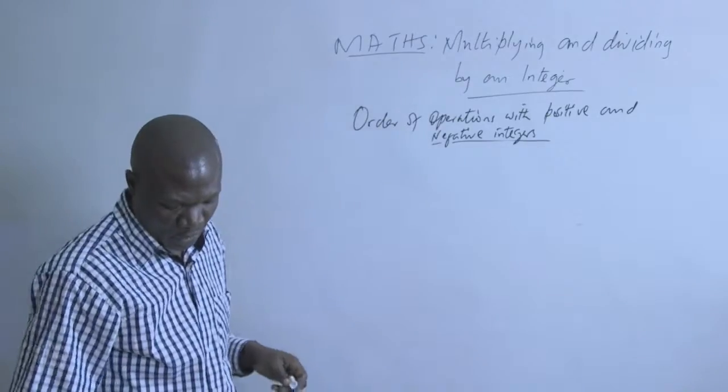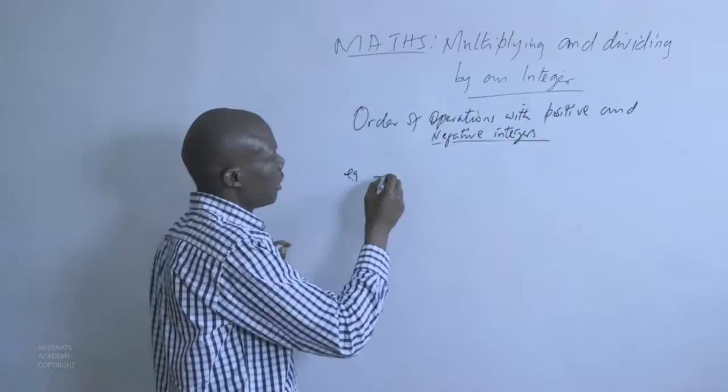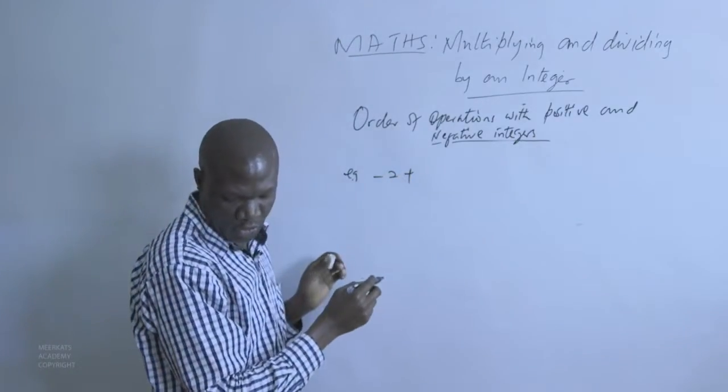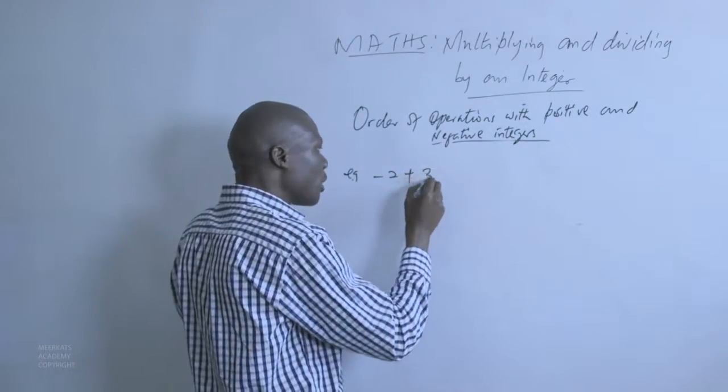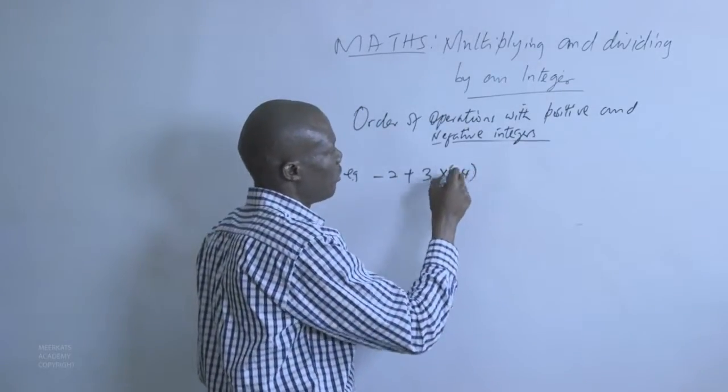Take, for example, negative 2 plus 3 times negative 4.